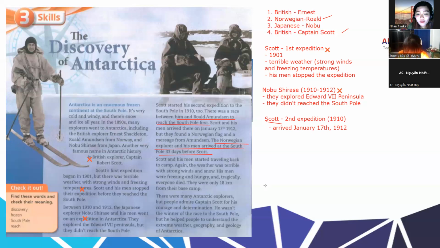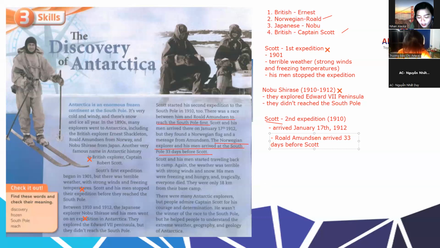Roald Amundsen from Norway is the very first explorer who reached the South Pole. Okay? So with this one, second expedition, 1910, arrived January 17, 1912. So Roald Amundsen arrived 33 days before Scott.